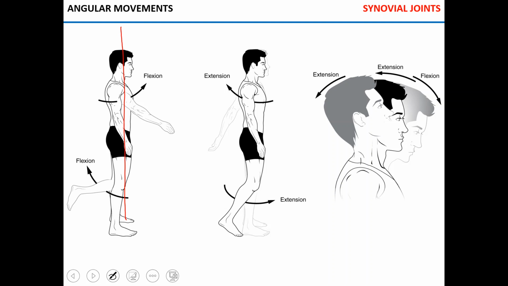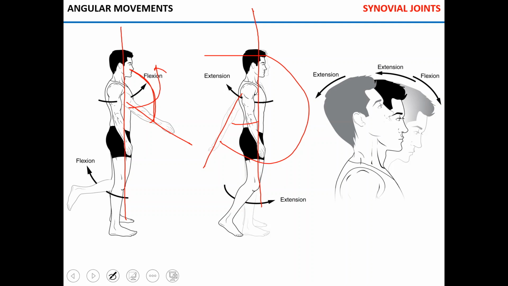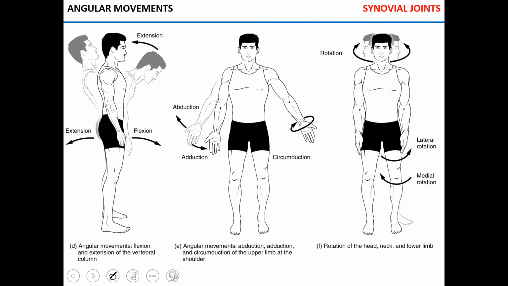So if this is an axis and you're flexing, the angle becomes smaller. When you extend, the angle becomes higher. So when you flex your elbow, you decrease the angle. When you extend your elbow, you increase your angle. So those are some examples. Flexing knee, extending knee. Flexing the head, extending the head. Flexing the trunk, extending the trunk.